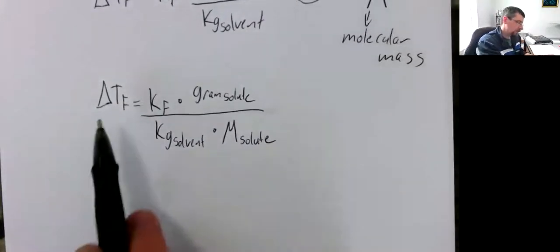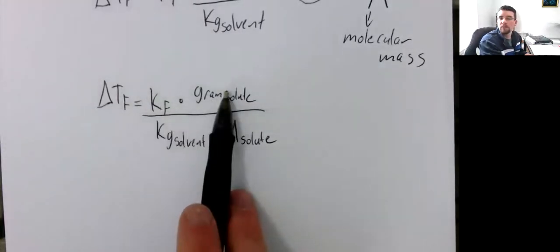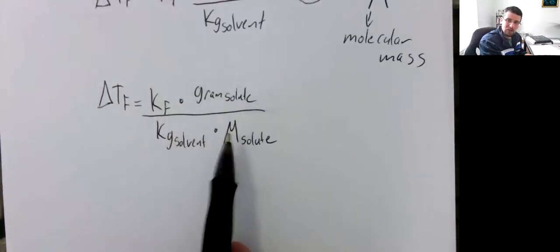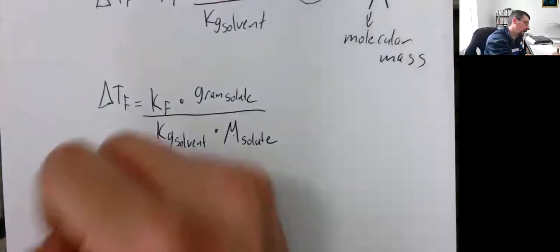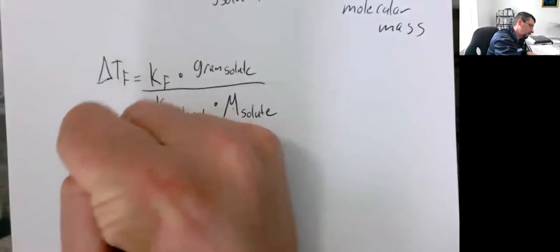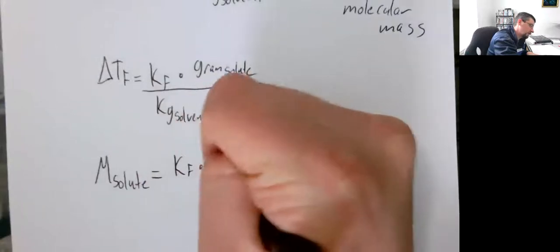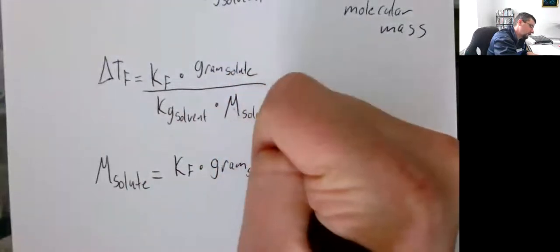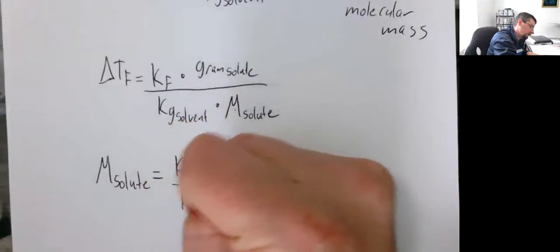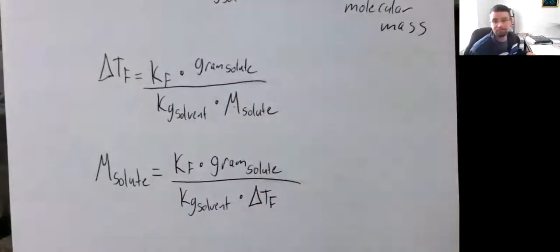Most of the time we can look Kf up, we can measure the grams of solute, and we can measure the kilograms of solvent. So we want to manipulate this equation to solve for M. Our molecular mass of solute is equal to Kf times grams solute divided by kilograms solvent times the change in the freezing point.